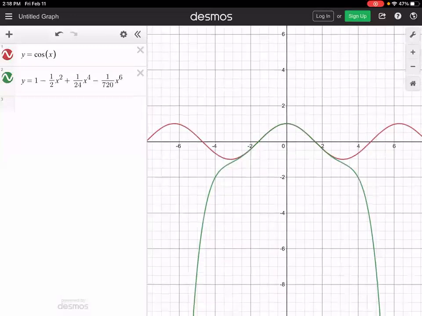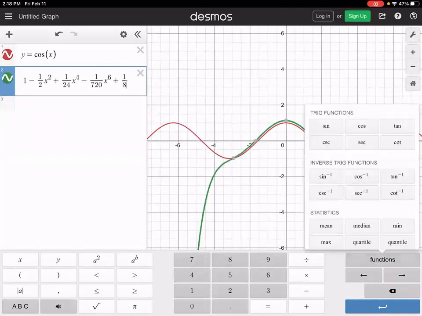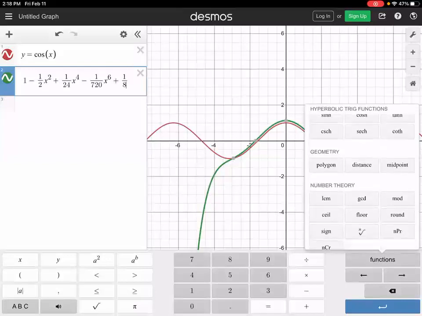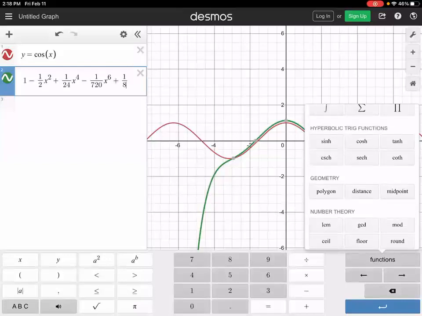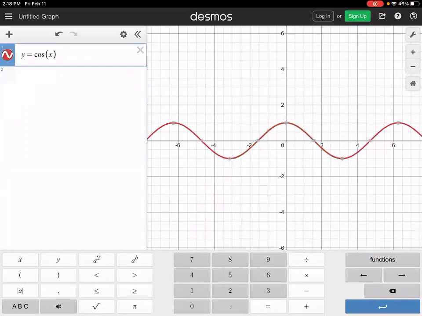Yeah, let's add another one. Plus 1 over 8 factorial. Is that 40,320? Oh no!